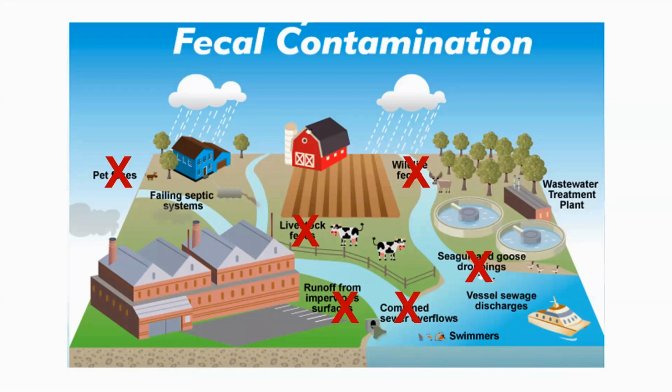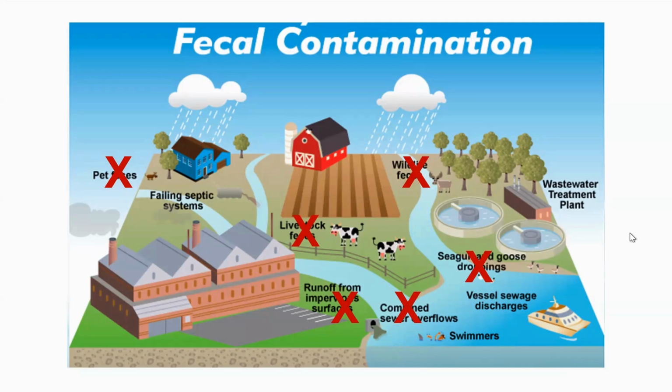this slide demonstrates many different sources of fecal contamination, but certain ones have no bearing or are at no risk to shellfish contamination because they are from non-human sources. So pets, runoff from parking lots, runoff from livestock, those are not going to be a risk for human health, nor are seagulls or sea lions or other marine mammals.